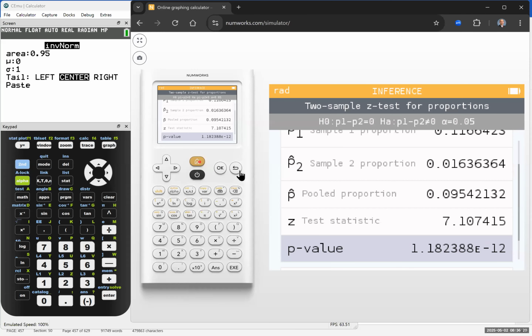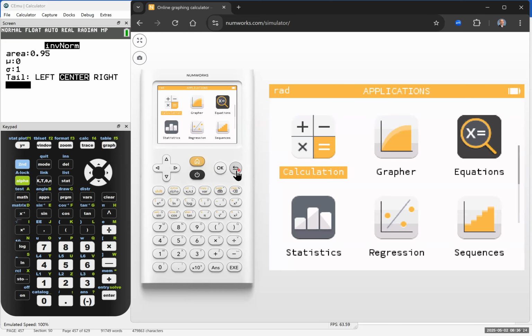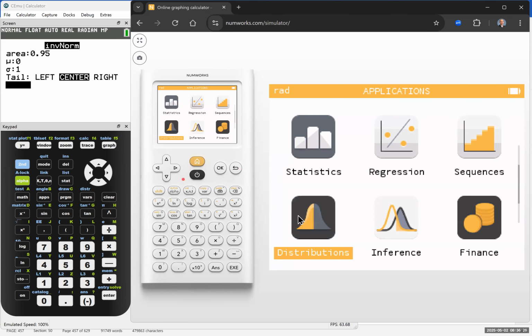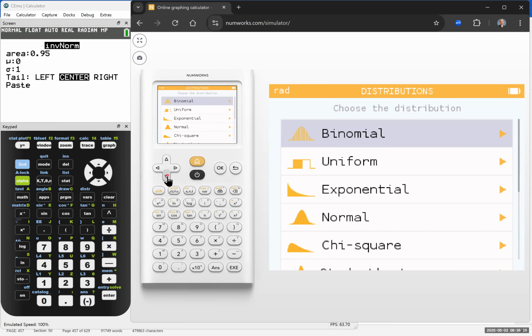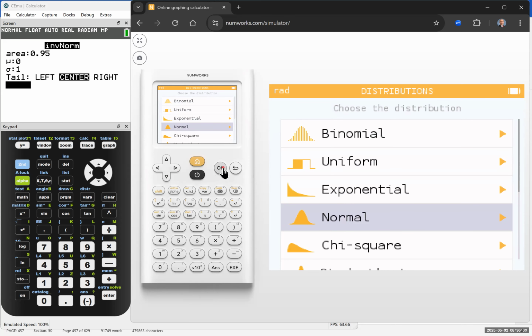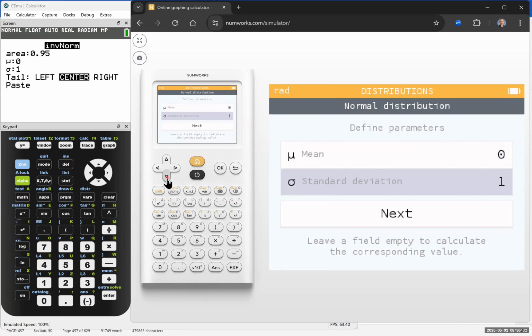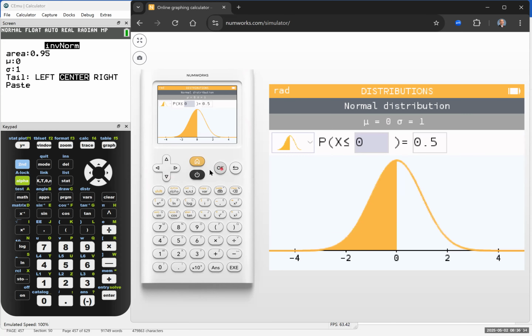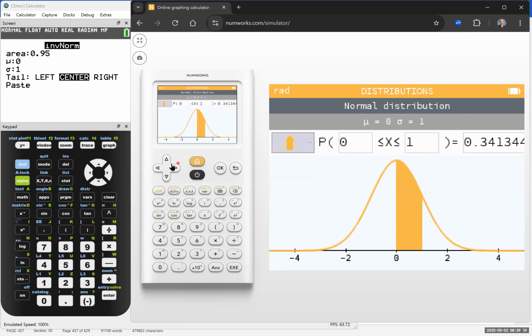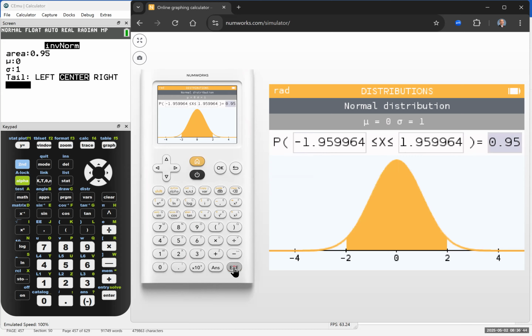Okay, let me hold off on that. NumWorks, I'm going to back out of this. Okay, so that I can come to the distributions app, go to normal, mean of 0, standard deviation of 1. Okay, I want the area in the middle with an area of 0.95.